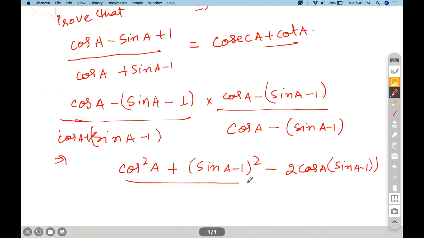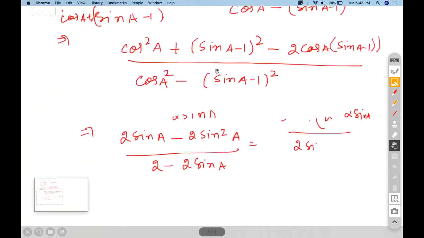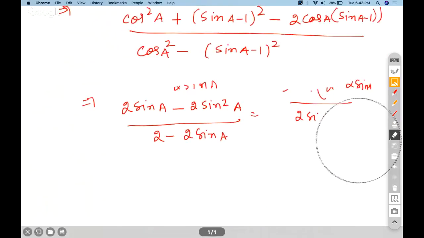This is my numerator. In denominator, what I get is cos A square minus sine A minus 1 square. So what do I get now? Let me just remove this.